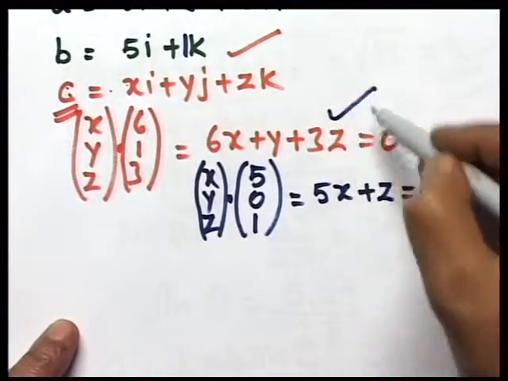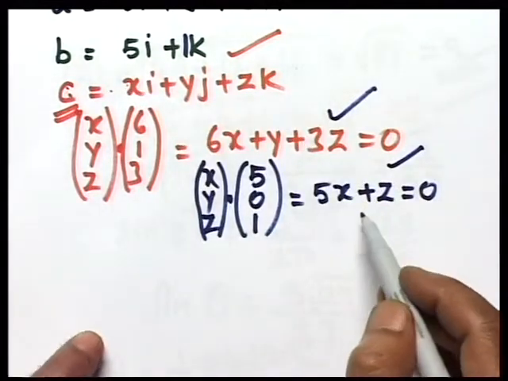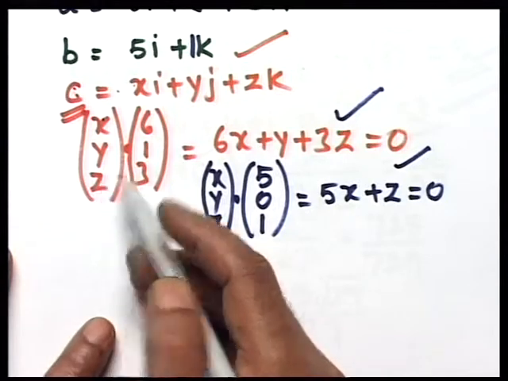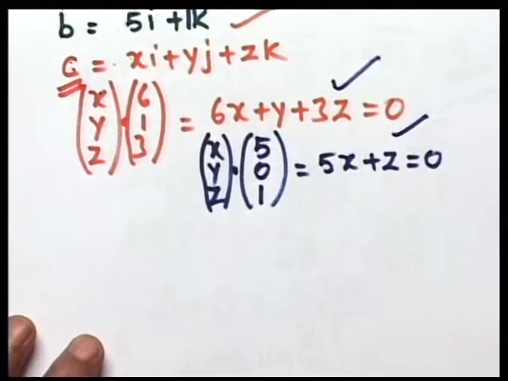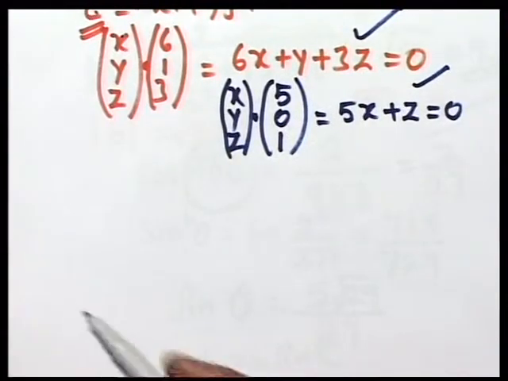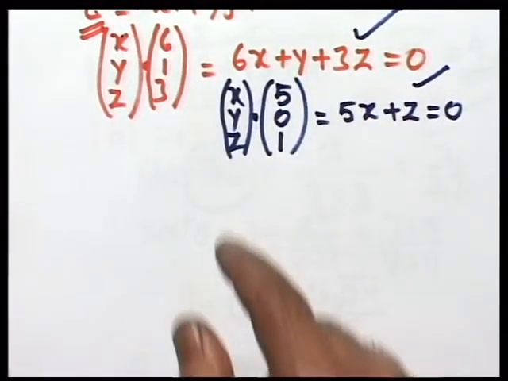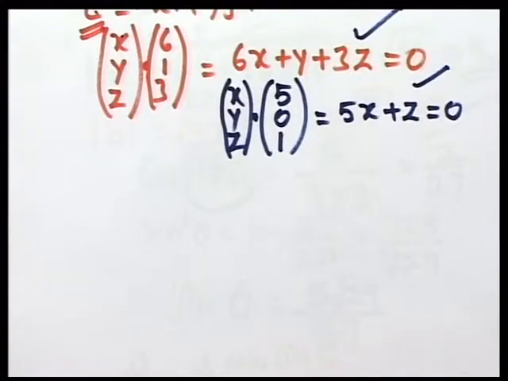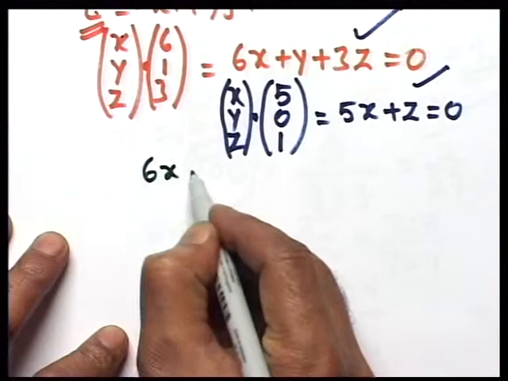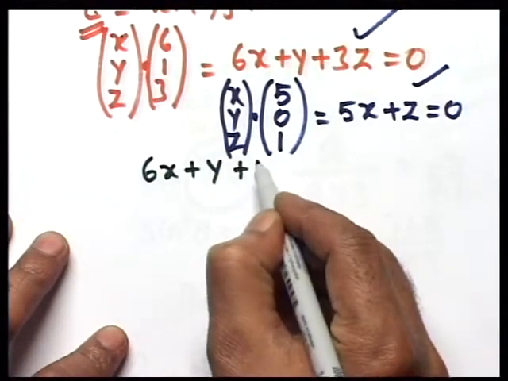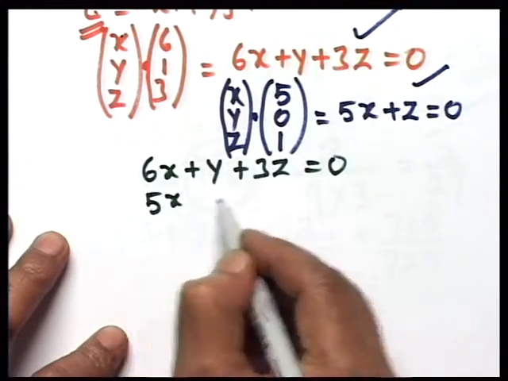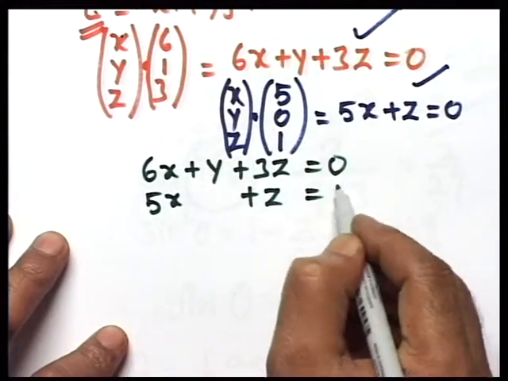Now compare those two. We have two equations to solve. If we can solve them, we get x, y, z, which is the vector. Let's see how these simultaneous equations are done. I already said that there are infinite number of answers. So we take 6x plus y plus 3z equals 0, and copy 5x plus z equals 0.